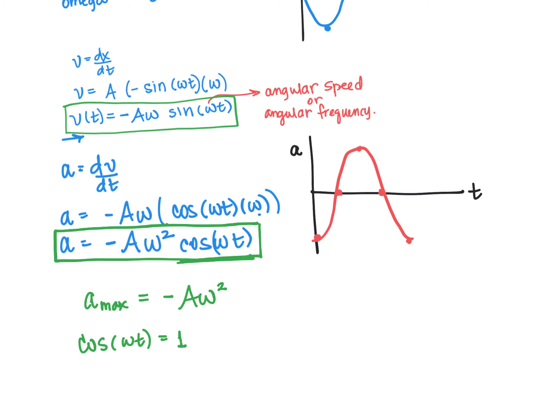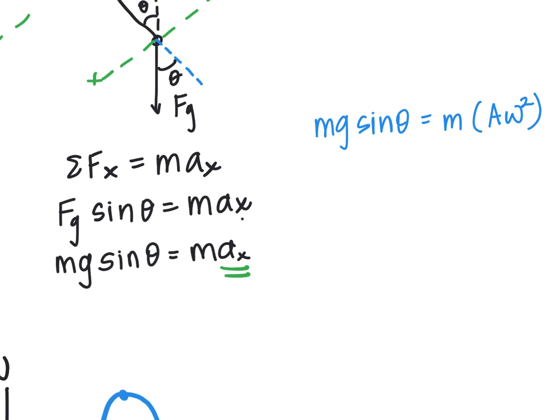Because acceleration is a vector, this negative sign is particular to a certain spot. So for the magnitude of the maximum acceleration, we could just take the absolute value. Now let's substitute this back up there. That gives us mg sine theta is equal to m times capital A omega squared.